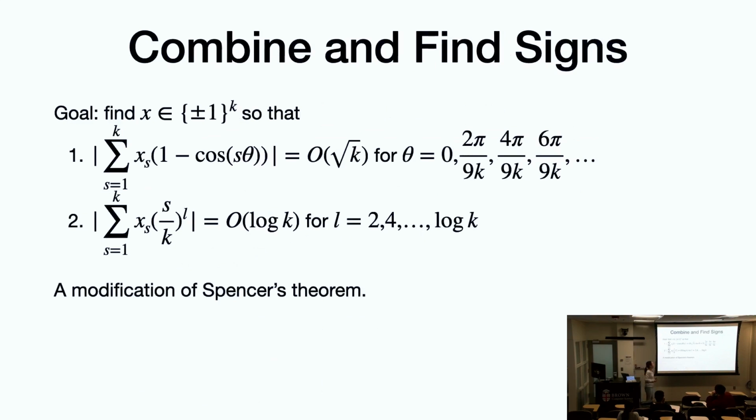Okay, so in summary, we want a k-dimensional vector x with entries 1 or negative 1, such that the following two conditions hold. The first condition corresponds to the large entries of B, and the second corresponds to the small entries of B. The first one has about 9k equations here, and the second one has about log k equations here.